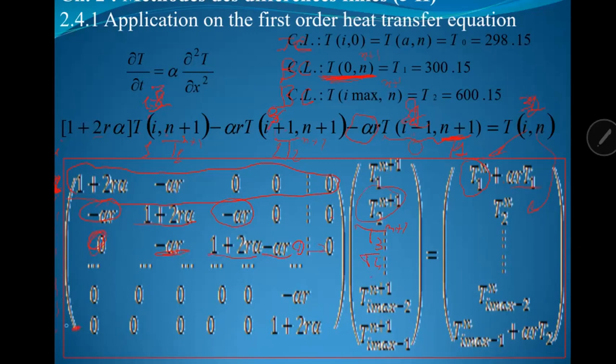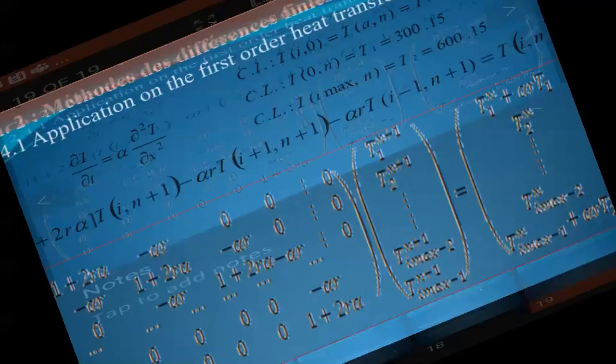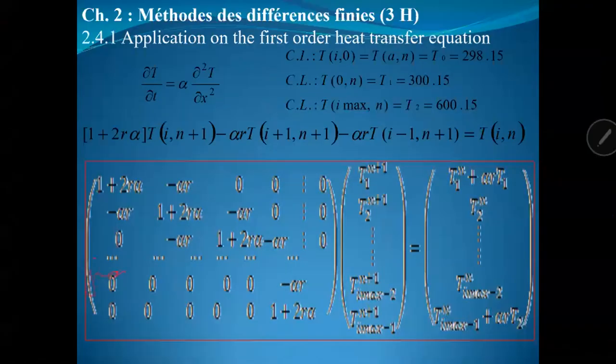If I put i max, then here i max plus 1 is out of domain.